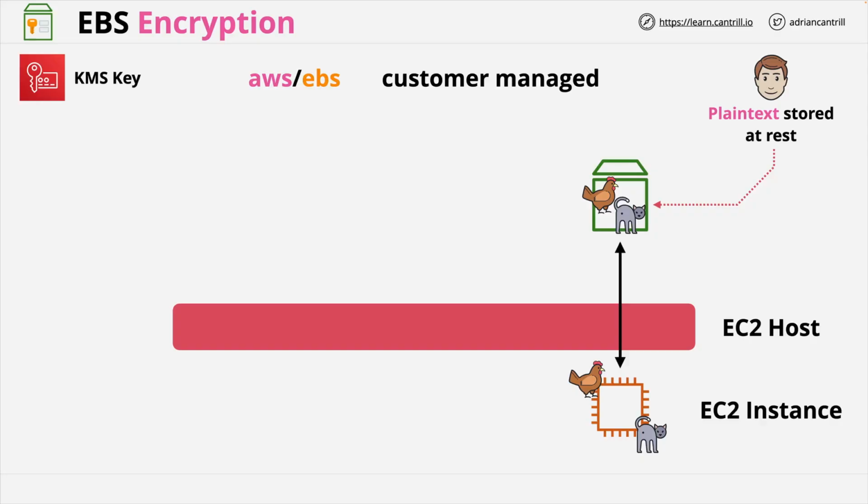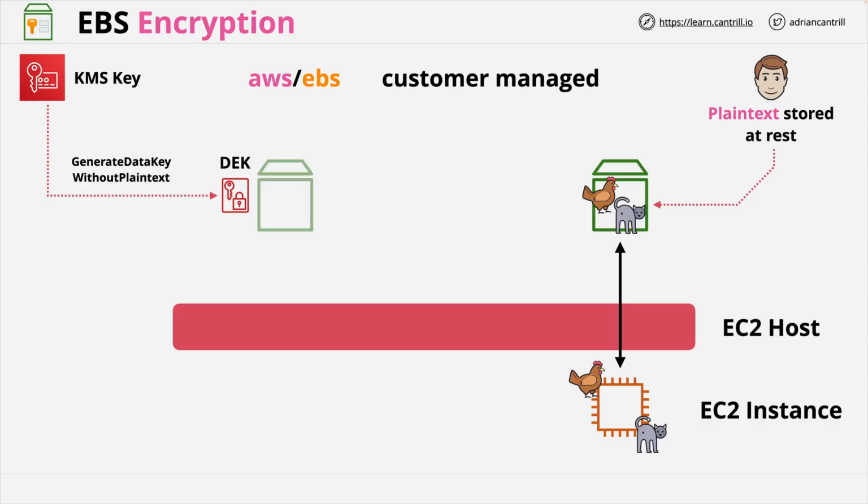Specifically, it's used to generate an encrypted data encryption key known as a DEK, and this occurs with the generate data key without plaintext API call. So you just get the encrypted data encryption key, and this is stored with the volume on the raw storage. It can only be decrypted using KMS and assuming that the entity doing so has permissions to decrypt the data encryption key using the corresponding KMS key.